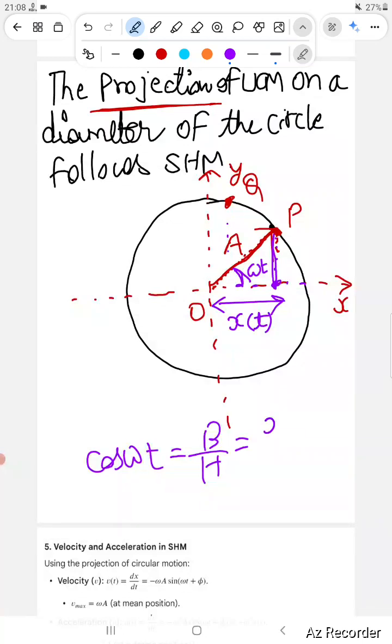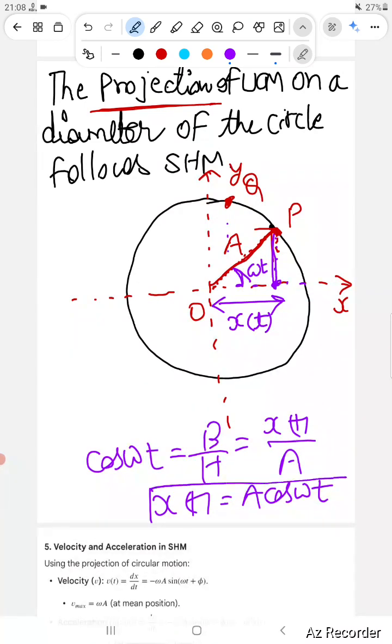So on the base we have x(t), and on the hypotenuse we have the maximum displacement which is possible, और इससे ज़्यादा possible तो हो नहीं सकती. तो मैं क्या कह सकता हूँ कि x(t) is equal to a cos omega t. Dear students, this is the representation of what? It is the mathematical representation of the projection of point P on the x-axis.